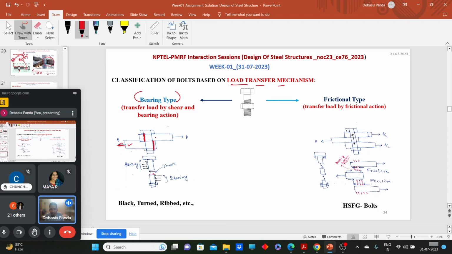Yes or no? When something touches something, what kind of stress is induced? Tell me. Say if we draw the cross section over here.